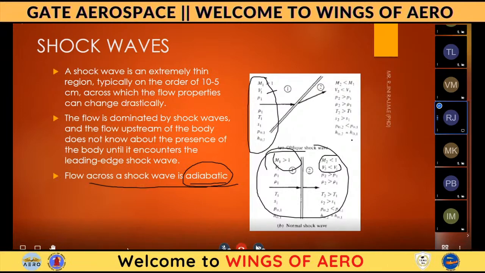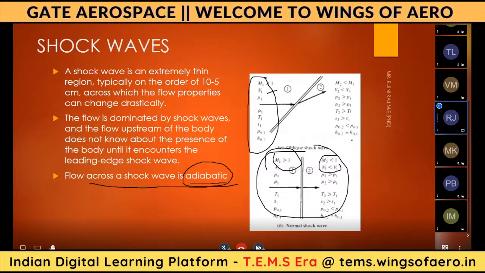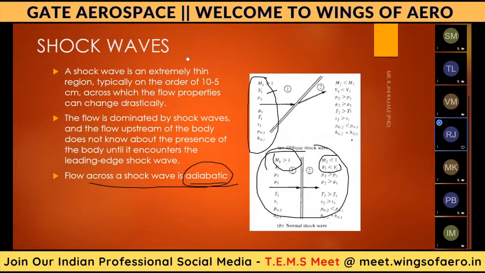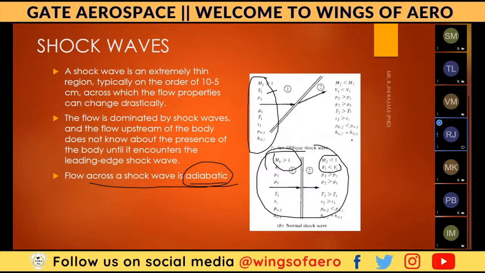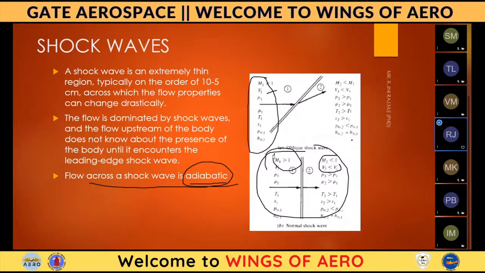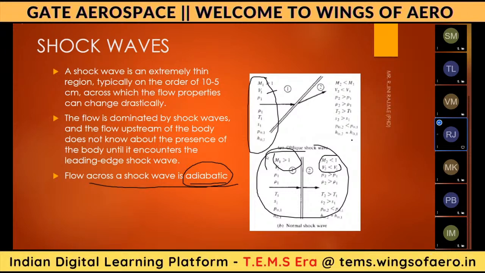They will be asking whether the stagnation pressure changes. They will be asking like this: state whether this statement is true or false, which statement is true. Like this, they will be asking the questions. In that they will be asking, for example, after the shock the temperature decreases. The answers will be the temperature decreases and the total pressure also decreases.